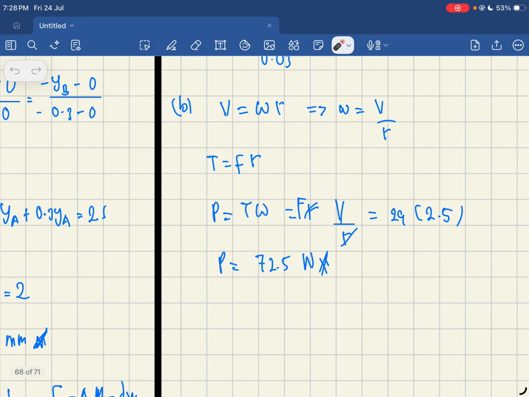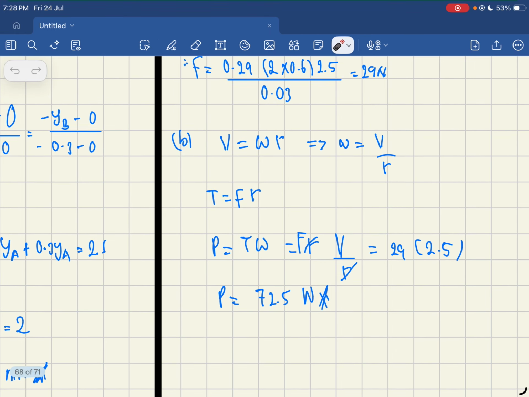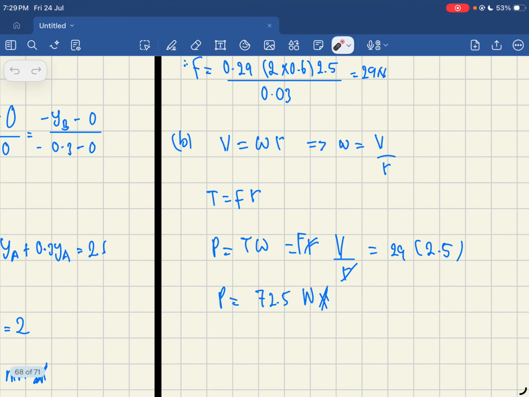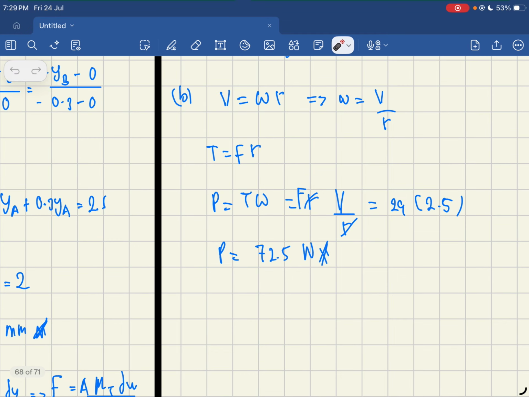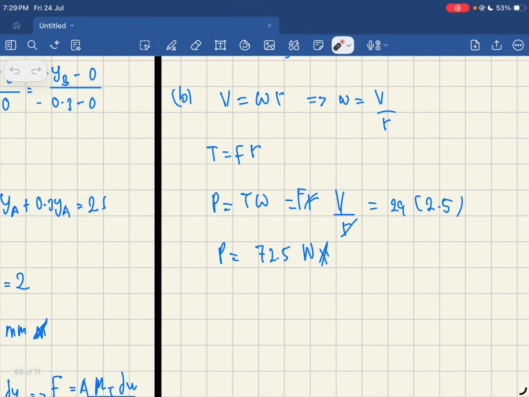Using the relationship between T and omega and the FR formula right here, just substitute the FR value into T, and substitute this equation into T omega.